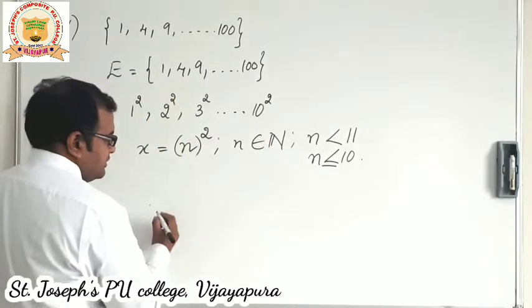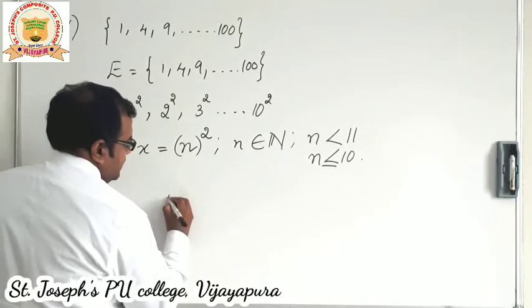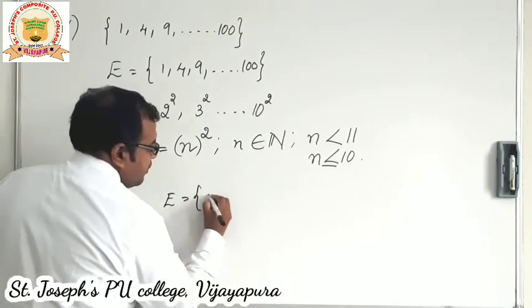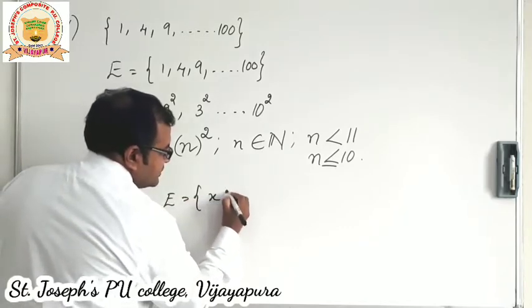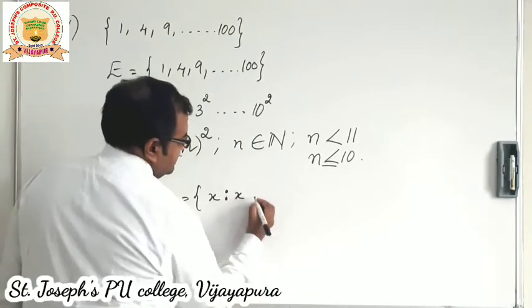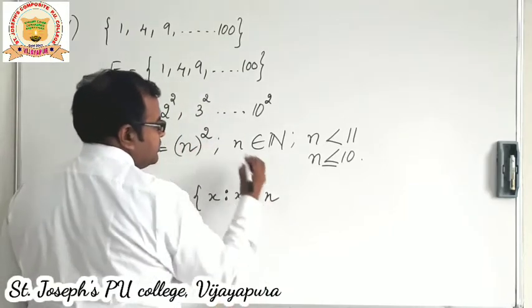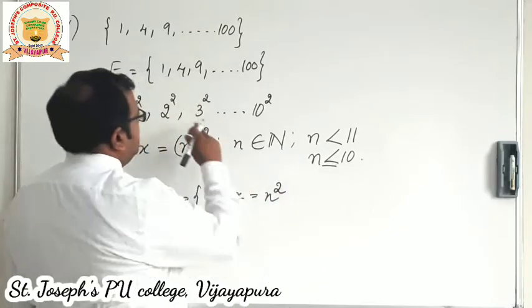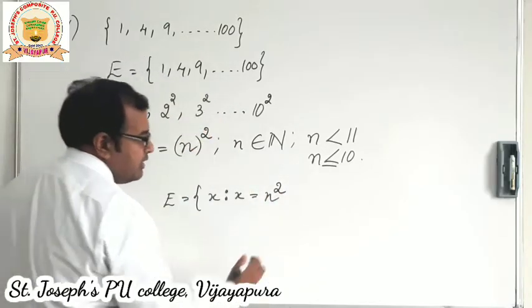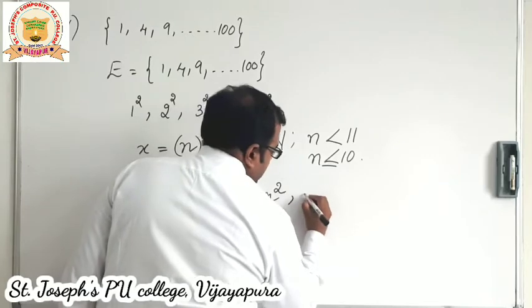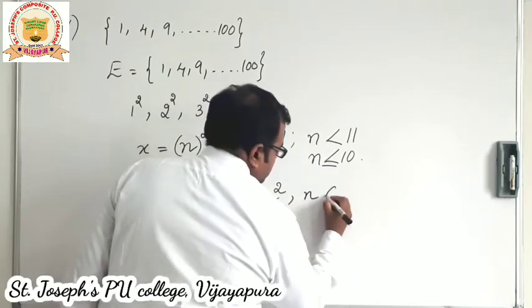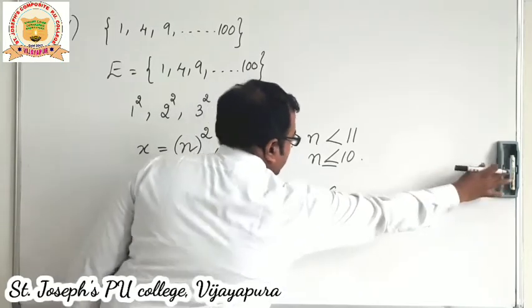So how can you write in the rule method? E is a set of all x such that x can be written as some variable to the power 2, or any variable square. Also that variable should belong to the natural numbers, or I can write it at the end.